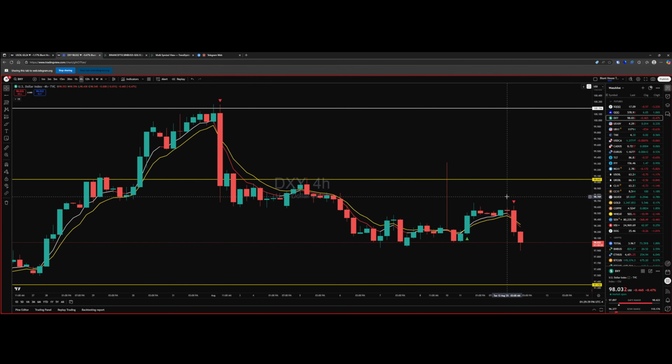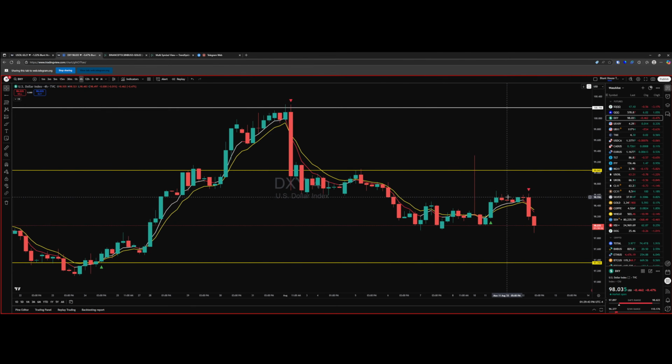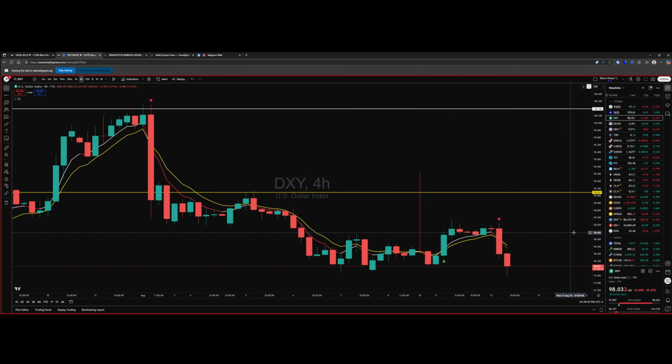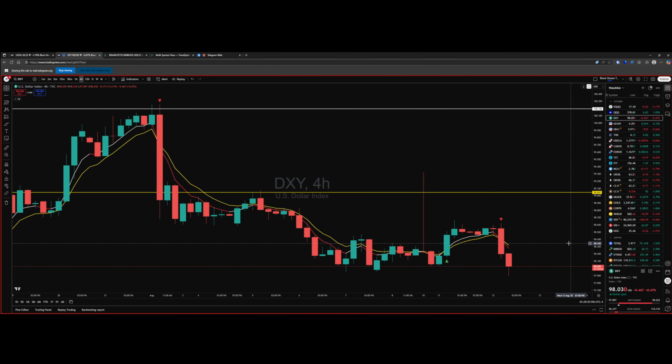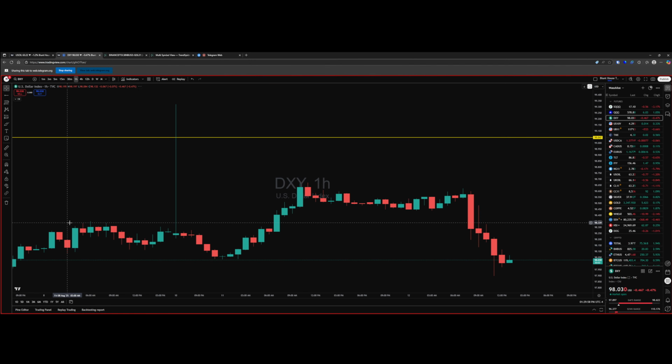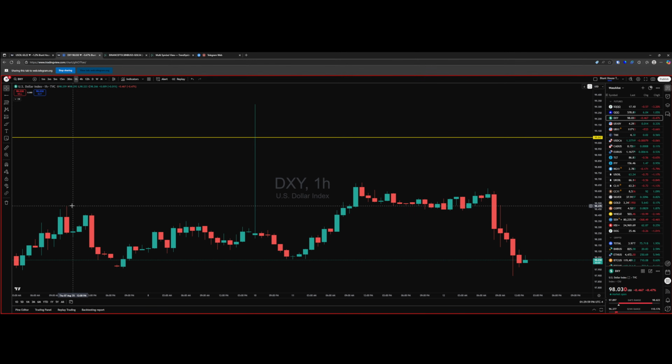3 a.m. today, you get the doji, and boom, your 5 EMA goes red, starts to tell you that there's money leaving. A little more clear, there it is on the 1 hour.